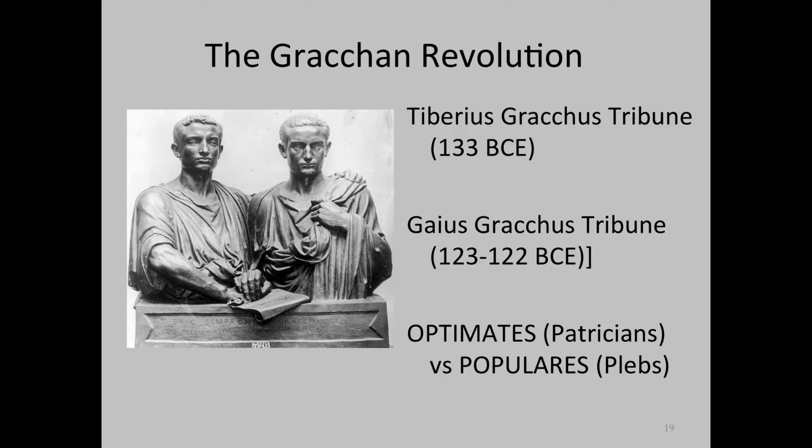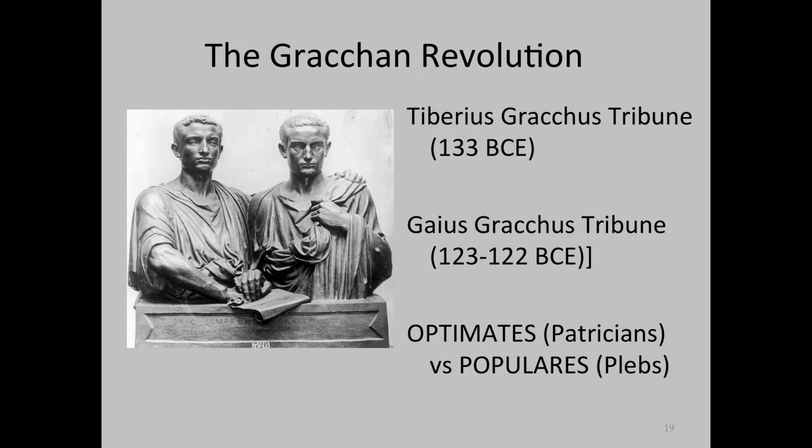There was a law passed back in 367 BCE that limited the amount of land that any one individual could hold from the new public lands to 300 acres. So really, in redistributing the land, he's just trying to enforce a law that was on the books.